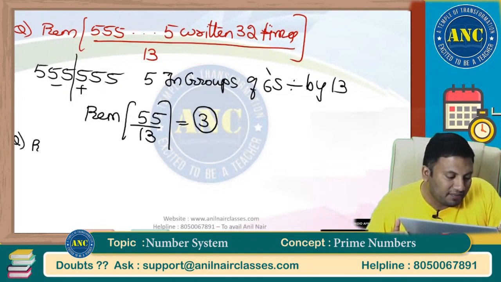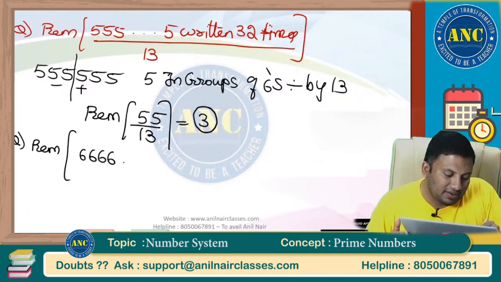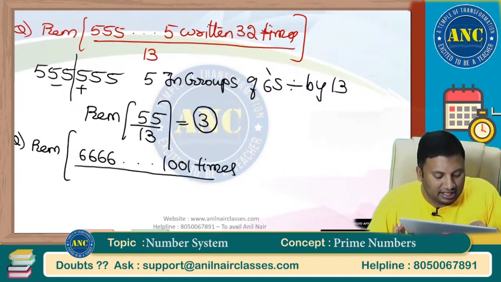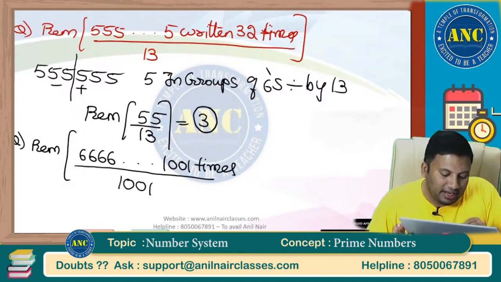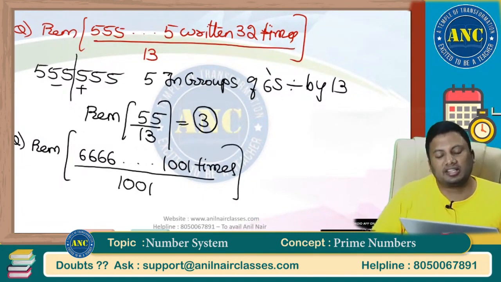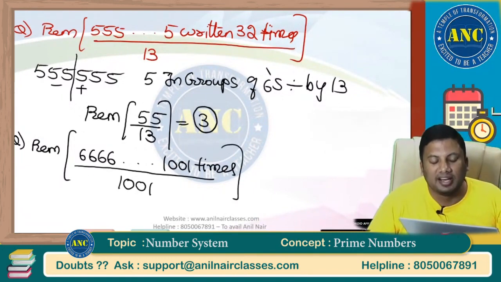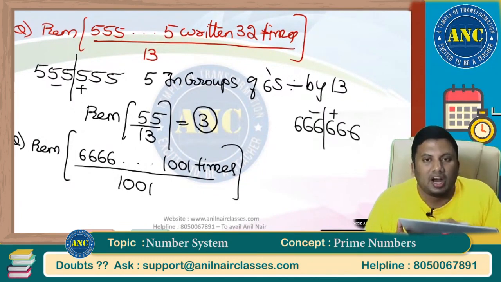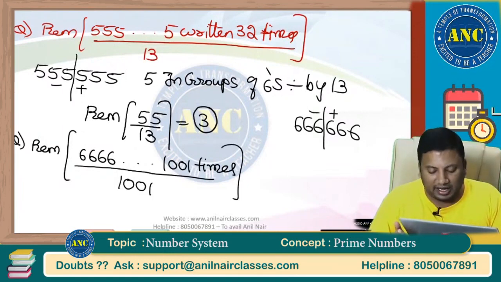Next, if you see 666 written 1001 times divided by 1001. If 6 is written 6 times, take a group of 3, alternatively add and subtract, 0.